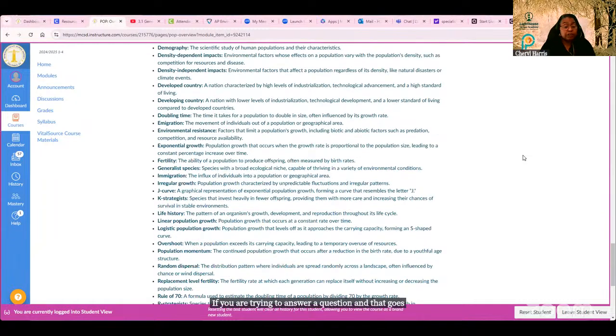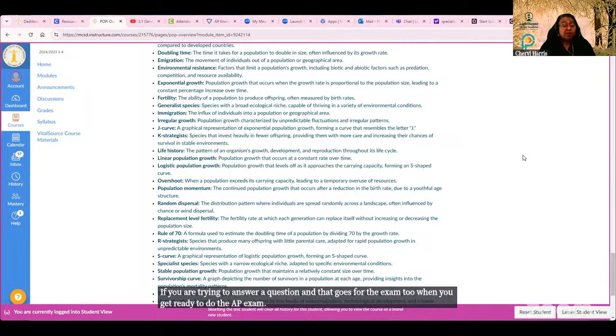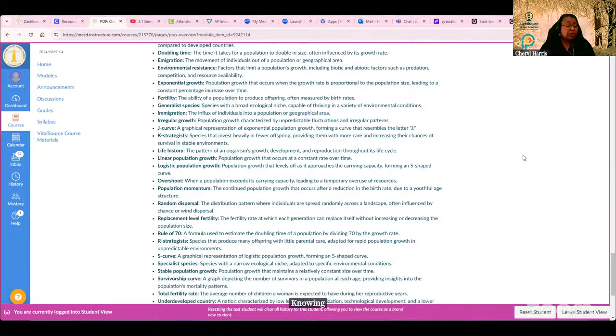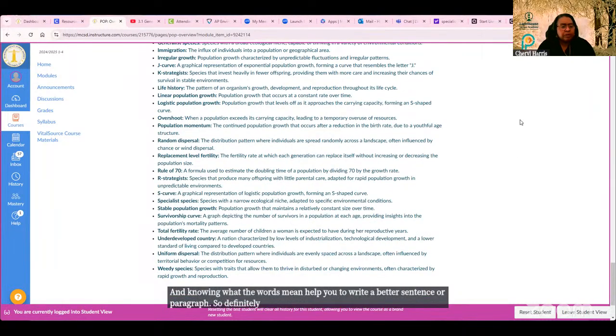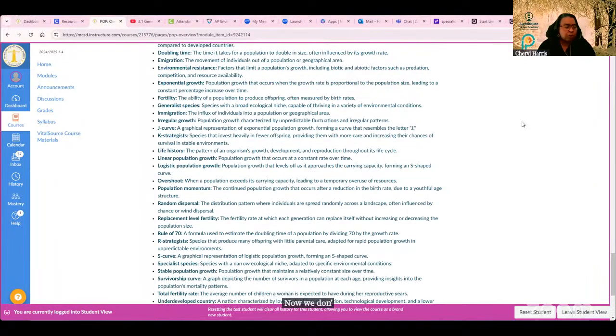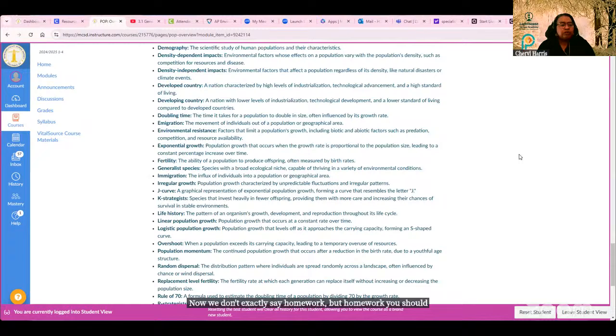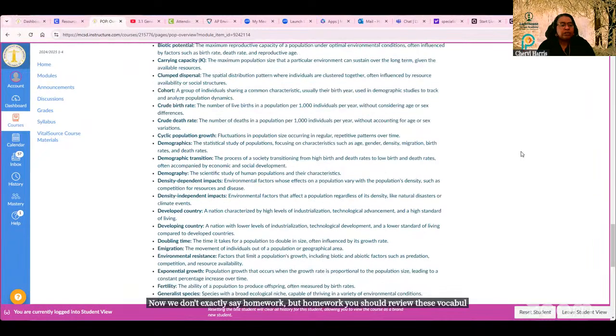When you get ready to do the AP exam, knowing your vocabulary helps you. They like for you to use your vocabulary, and knowing what the words mean helps you to write a better sentence or paragraph. So definitely, I know we don't exactly say homework, but you should review these vocabulary words as we go along.